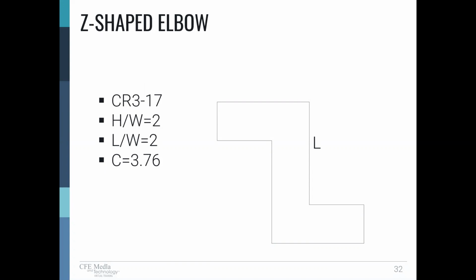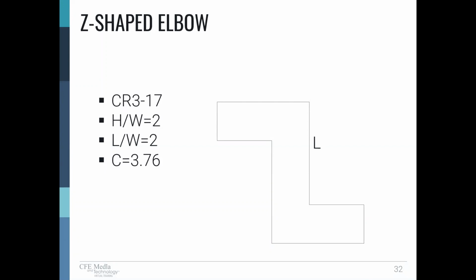And L to W is also 2. L is the distance from the center line of the incoming duct to the center line of the outgoing duct. And so that means that if it's an L to W of 2, it's a fairly close Z turn. If the L to W was, say, 10, then it would be much less losses.